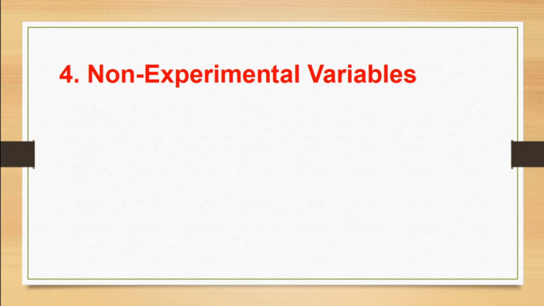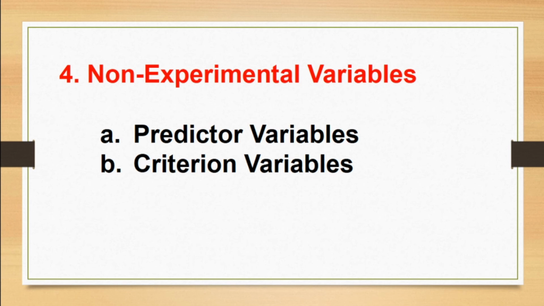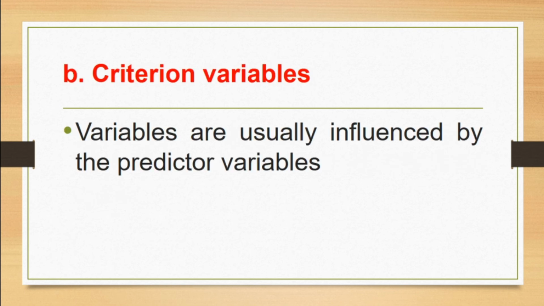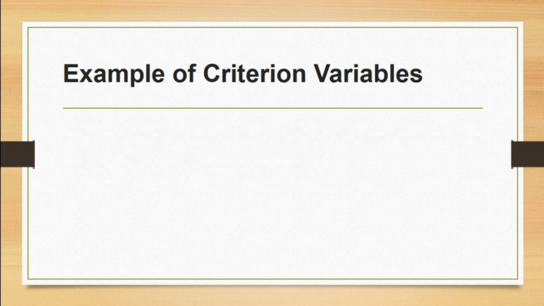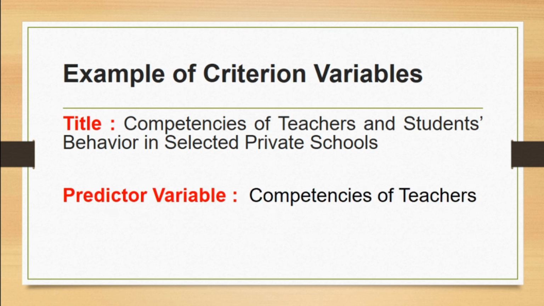So, another one. Non-experimental variables. Number 4. So, meron din tayong dalawa: the predictor variables and the criterion variables. Predictor variables, ito yung variables that change the other variables in a non-experimental study. Ang criterion variables naman, variables that are usually influenced by the predictor variables. Example, the title is Competencies of Teachers and Students' Behavior in Selected Private Schools.